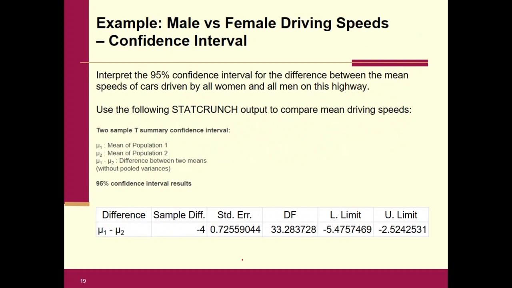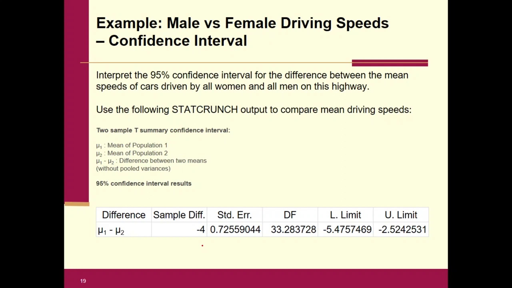Why don't you pause the video, go back to what X bar 1 was telling you, what X bar 2 was telling you, and see if you can figure it out. If you can't, let's run through the confidence interval, and the confidence interval will definitely tell us. We'll bring it all together after that. See if you could figure it out by looking at X bar 1 versus X bar 2. Who do we think was driving faster on average for the entire populations?